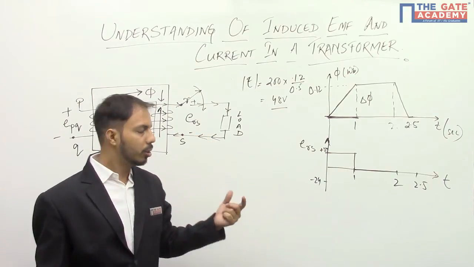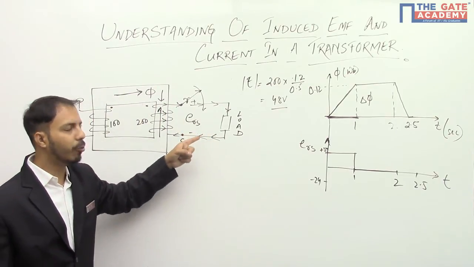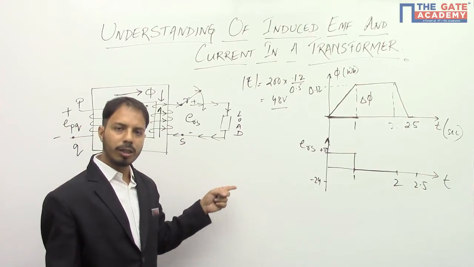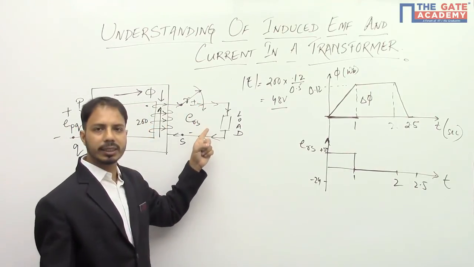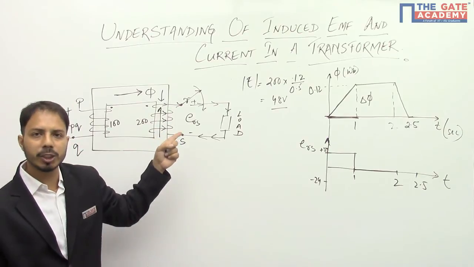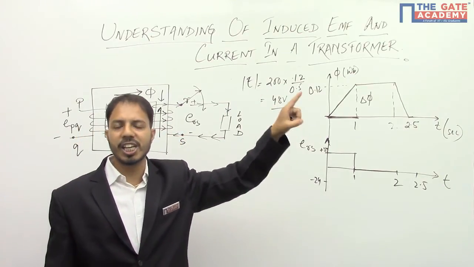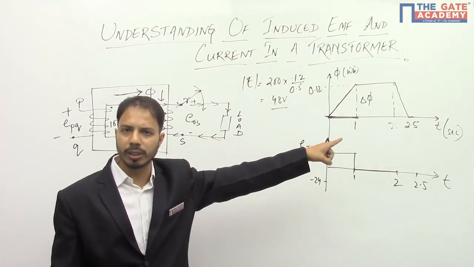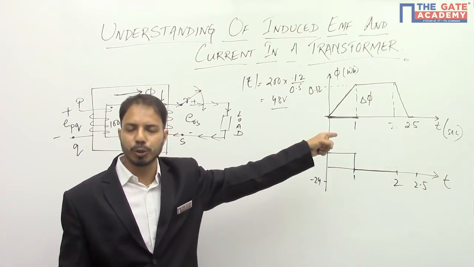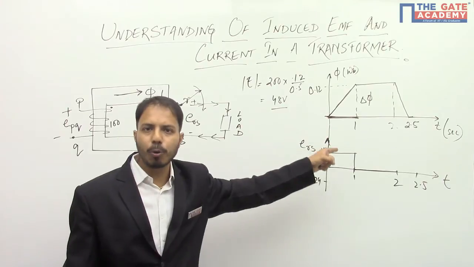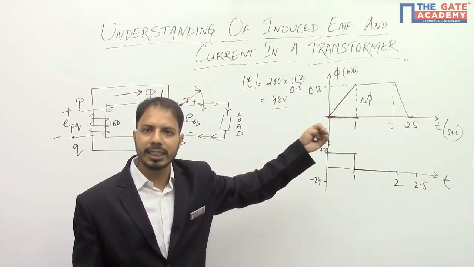Okay? So what this secondary, by Lenz's law, the direction of induced EMF will be such that the secondary flux will oppose the change in the primary. Change in primary is now reducing. So how will the secondary flux oppose it? It will oppose the decrease.